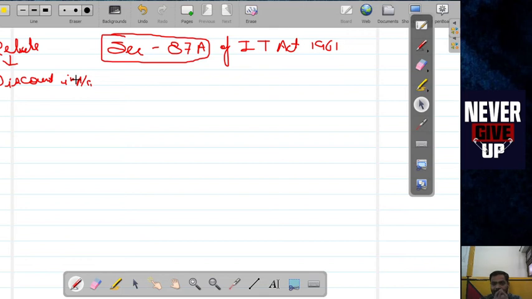Let's demystify the topic. The first thing is to whom the rebate is allowed. Write it down: to whom the rebate is allowed.